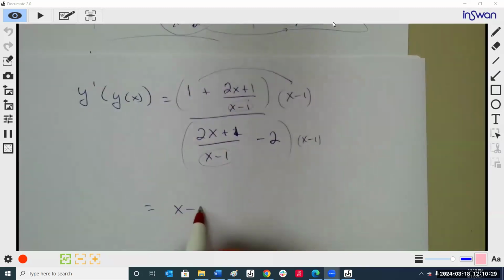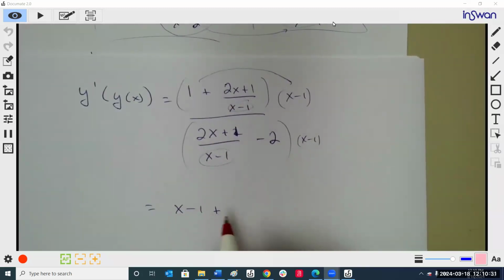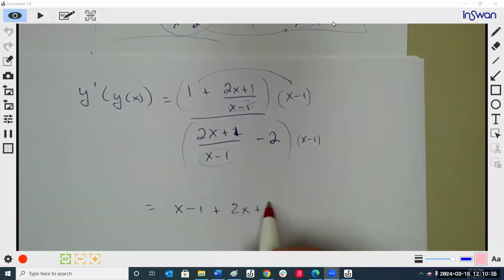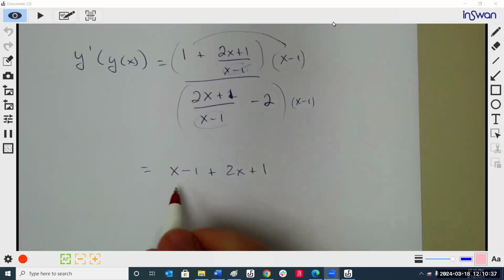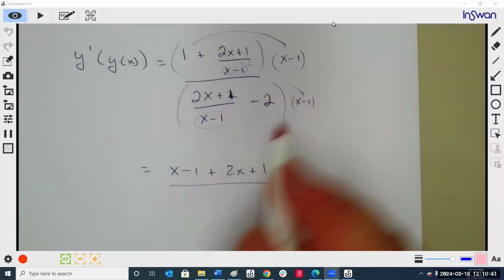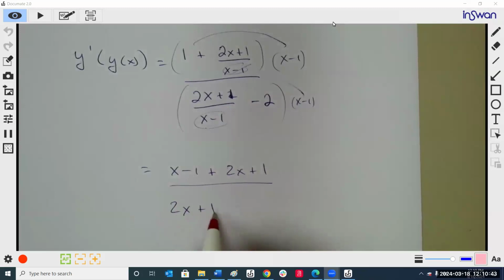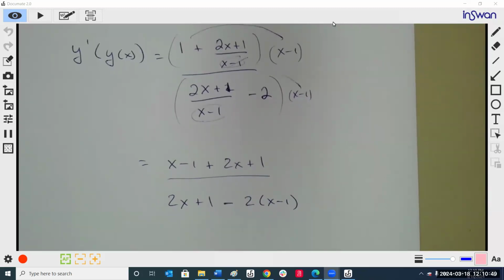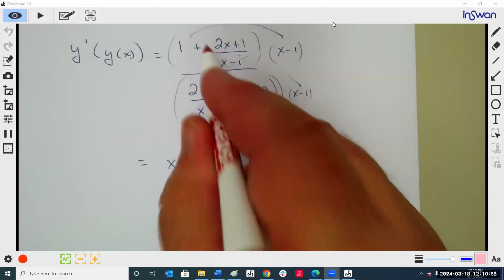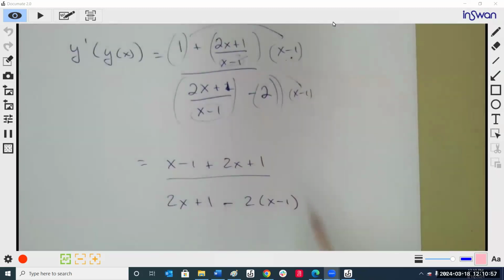So it's x minus 1. These cancel, so it's 2x plus 1. This to this, the x's cancel, so it's 2x plus 1 minus 2x minus 1. Let's multiply each of these terms by that.